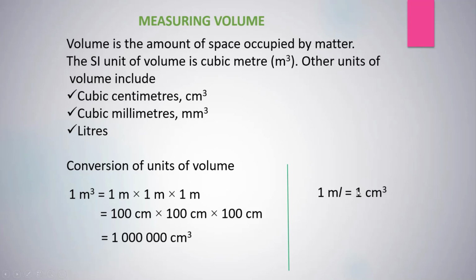So 1 milliliter is equal to 1 cubic centimeter, and 1,000 milliliters equal to 1 liter, implying that 1,000 cubic centimeters equal 1 liter. But 1 cubic meter is equal to 1 million cubic centimeters, or 1 million milliliters.